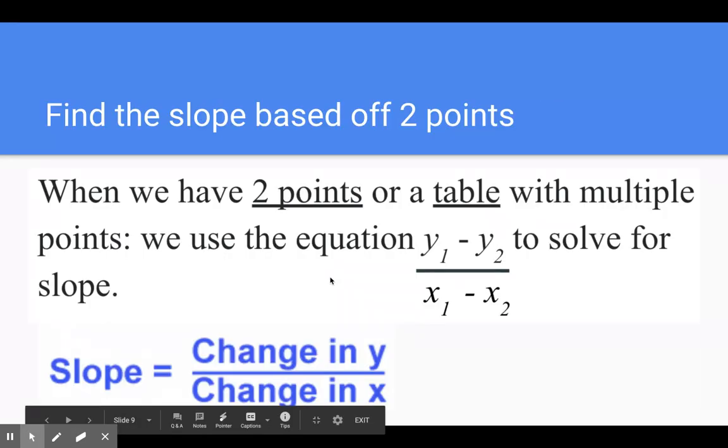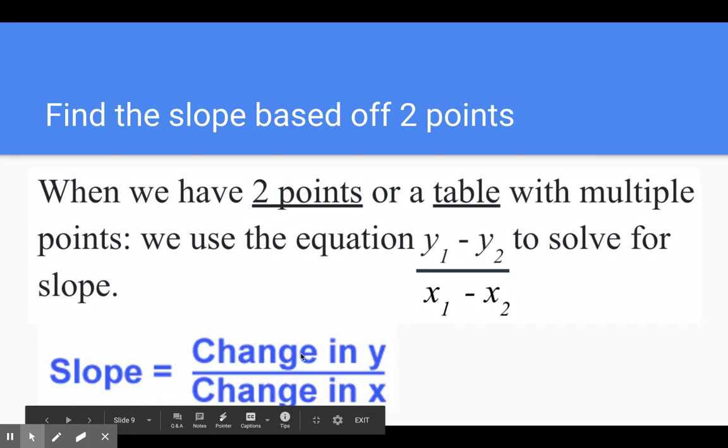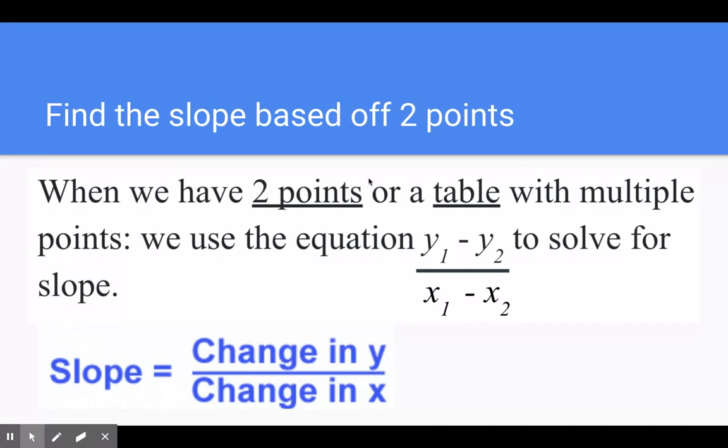All right, finding the slope based off of 2 points. When we have 2 points or a table with multiple points, we use the equation y1 minus y2 over x1 minus x2 to solve for the slope. Because remember, the slope is the change in y, so we just subtract the 2 y numbers, over the change in x, we just subtract the 2 x numbers. All right, now that's just to find the slope.